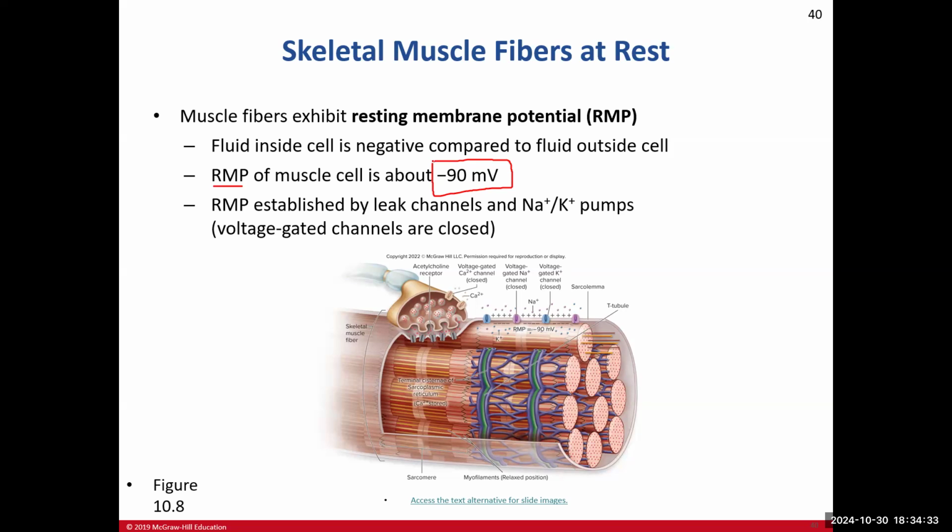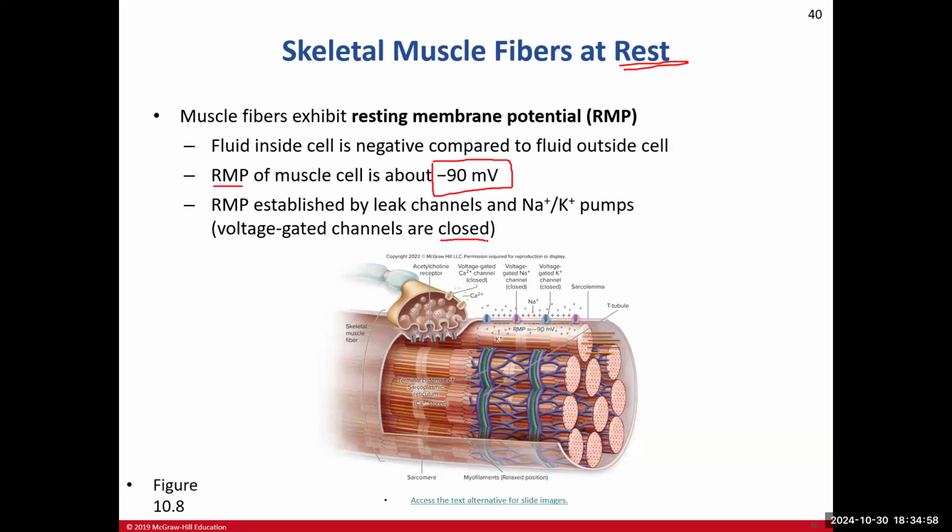How do we get to that value? The same way that we got to that value in a neuron: leak channels and the sodium-potassium ion pump. Same thing, because when we're at rest, any gated channel will be closed. Same concepts, y'all. So you're not really learning anything new here except for a new value, which is negative 90.